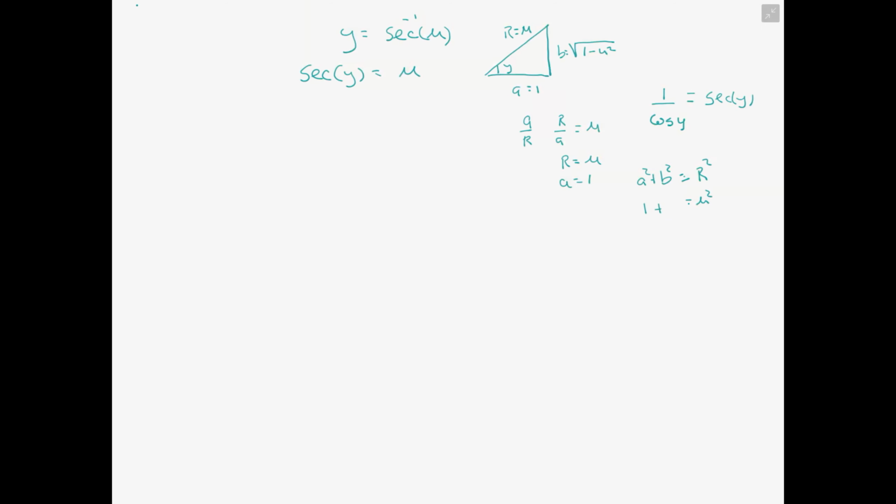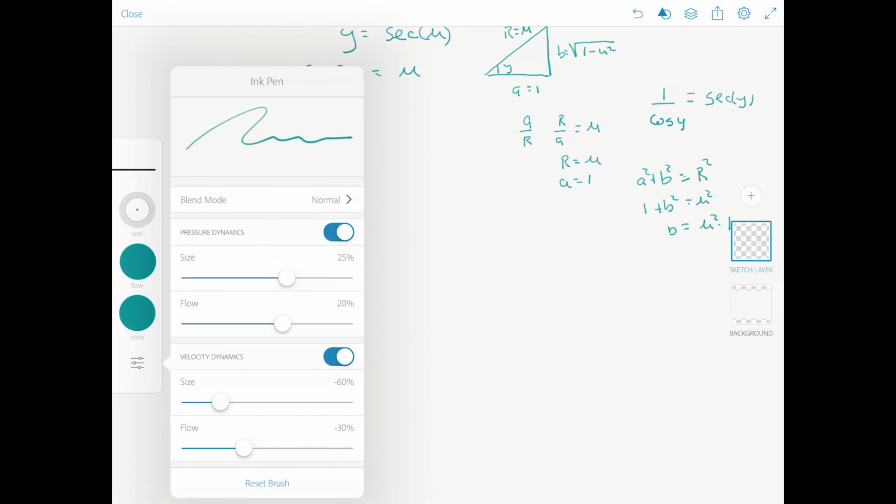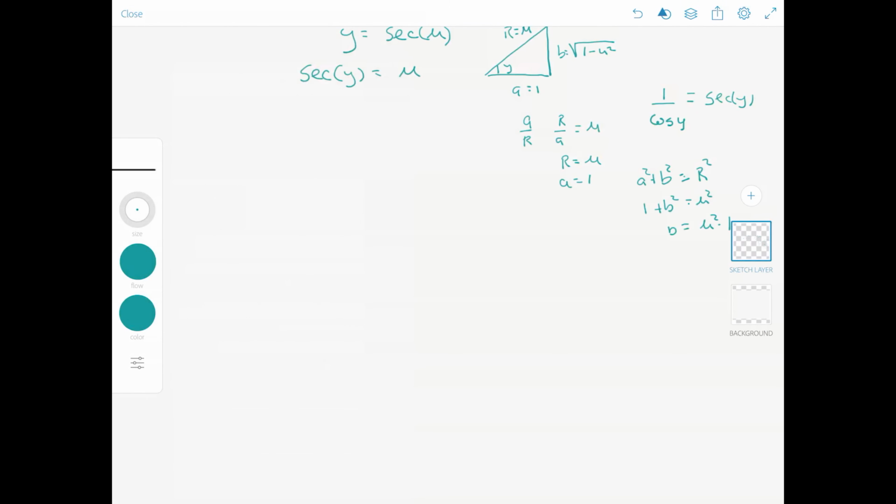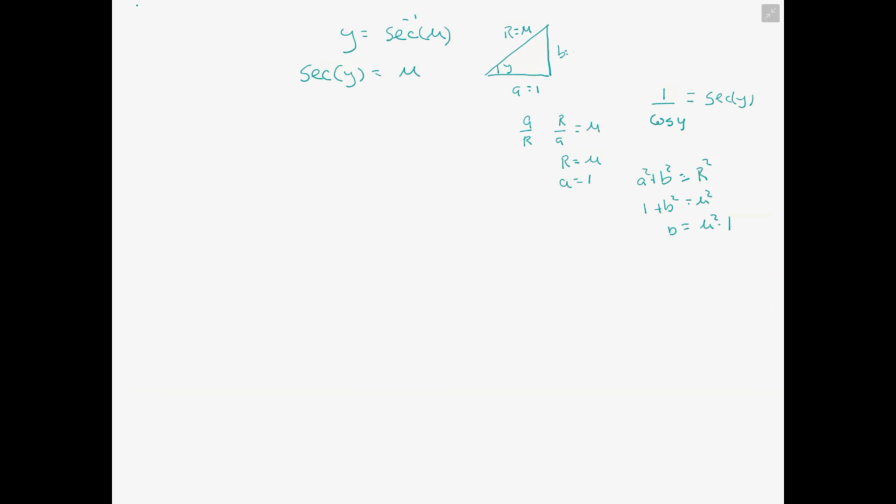Wait, what's going on here? All right, r squared. And if we have r is u, and a is 1, then 1 plus b squared equals u squared, so b is equal to the square root of u squared minus 1. So I have to correct that. It's good to check yourself sometimes, because it's so easy to make a mistake, and there I did.